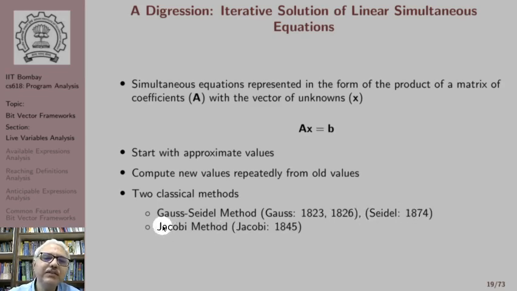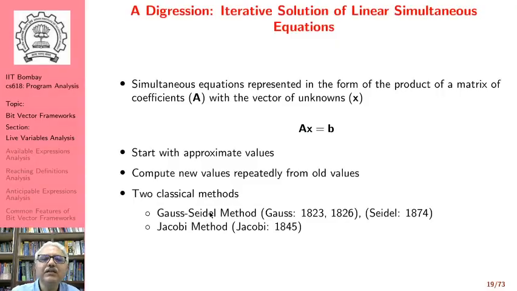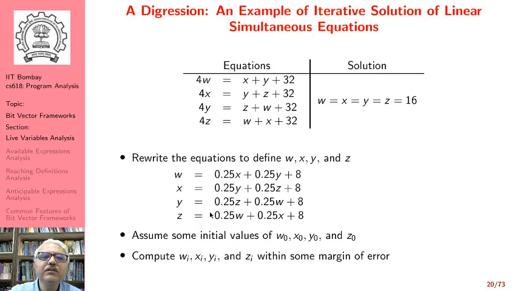And there is another method called the Jacobi method, which is attributed to Jacobi and is supposed to have been invented in 1845. So we want to look at these two methods and understand how we use them in data flow analysis. Both these methods may have been studied by you in your engineering courses when you did numerical analysis.